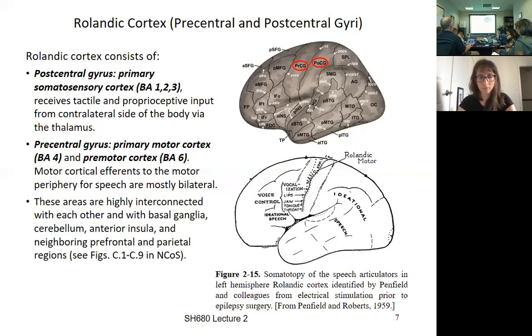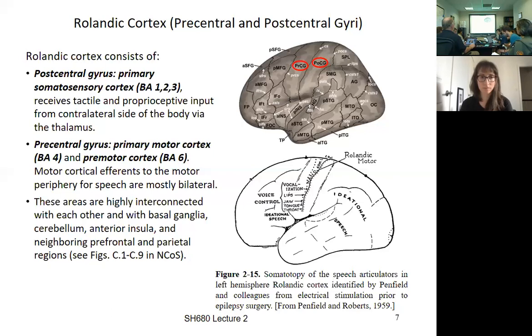Okay, so a couple of important things to know again about these. They're highly interconnected with each other, and that makes a ton of sense. That's why, in part, the body representations line up so well, because they're very, very interconnected.